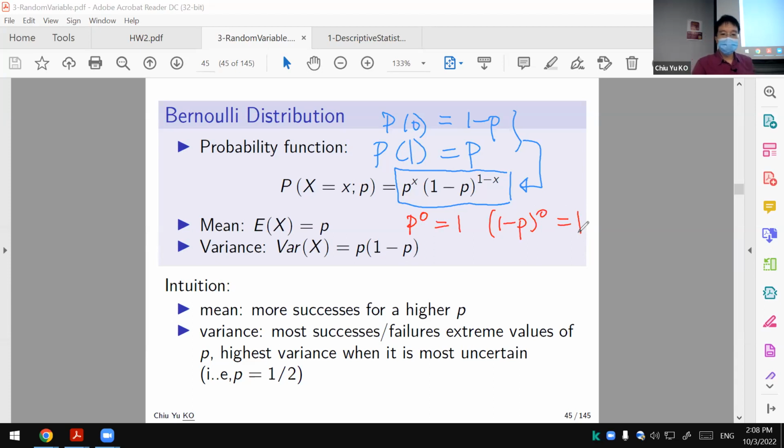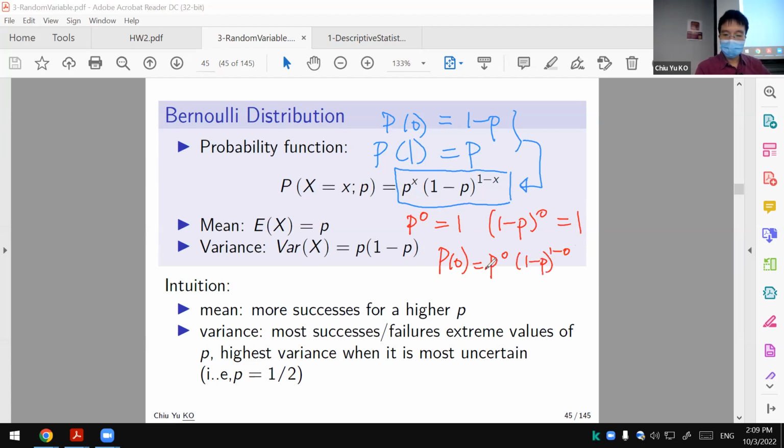So now why would this be important, right? This is learned from high school, right? Any number to the power 0 is 1 except 0 itself, okay. And the reason is that if x equals 0, right, P of 0, okay, is P to the power 0, okay, times 1 minus P to the power 1 minus 0.